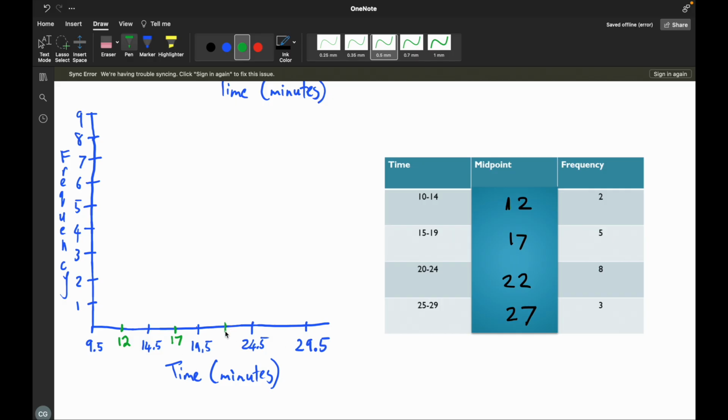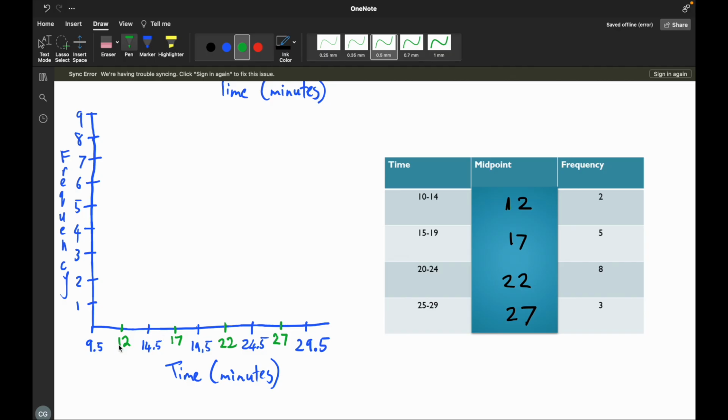So when we come here now, we have 22, right? Did I say it right? 22. Lovely. Y'all following? So then this here is 27. Nice. So I have my points established.